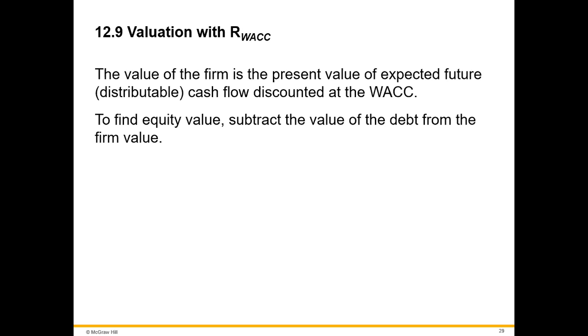So the ratio of equity will be the 60 divided by 100, or 60%, times the cost of capital, 14.4. Add to that the percent that's financed by debt. Debt, 40, divided by total debt and equity, 100, times the cost of debt.